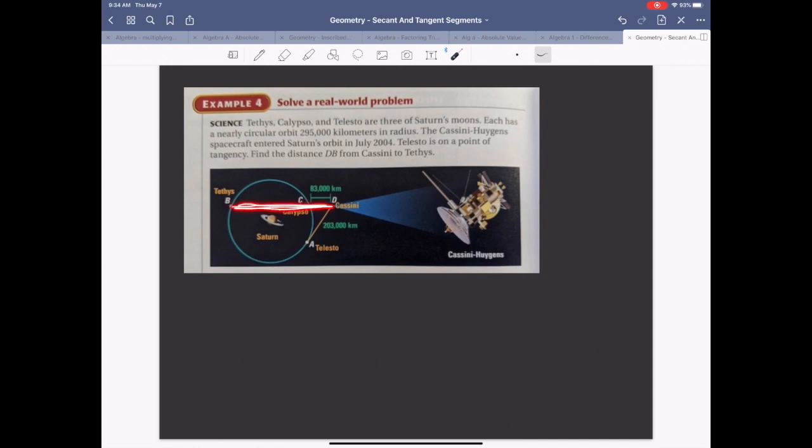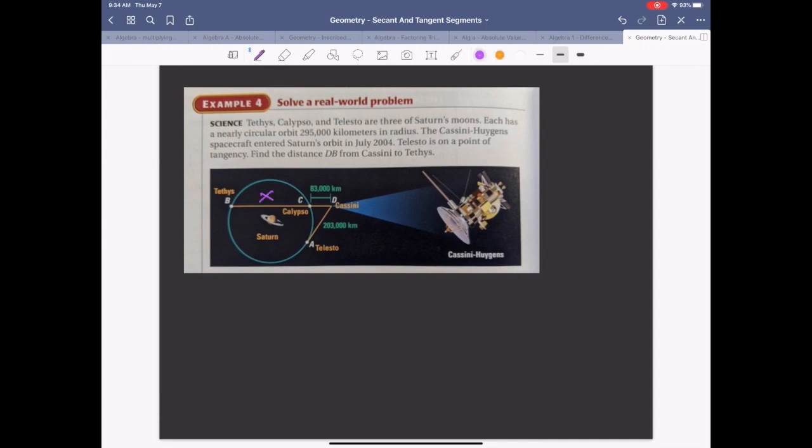Well, we're just going to apply what we just learned. We know that the product of this whole secant times its external segment, right? If I multiply that, so I could call BC, maybe we'll just call it X for now.